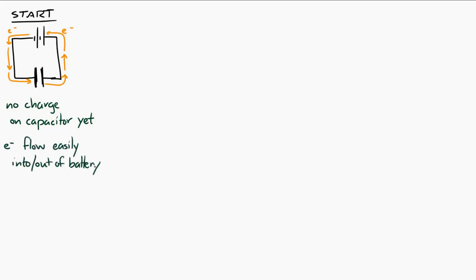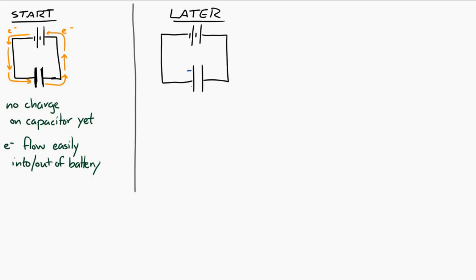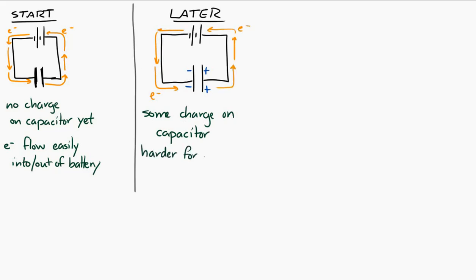A little bit later on, once a little bit of negative charge has developed on one side and a little bit of positive charge on the other side of the capacitor, it's a little more difficult for the battery to send those electrons in. The electrons are going to resist developing on that plate because it already has a negative charge on it.